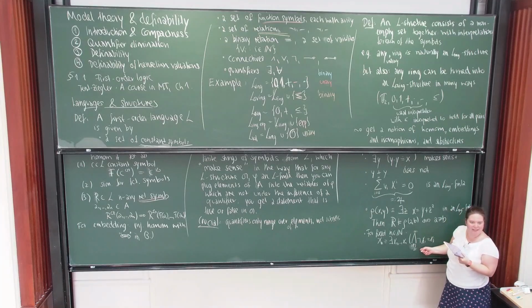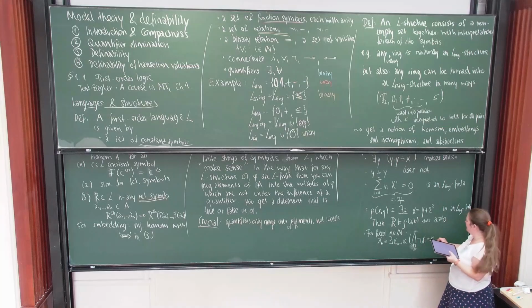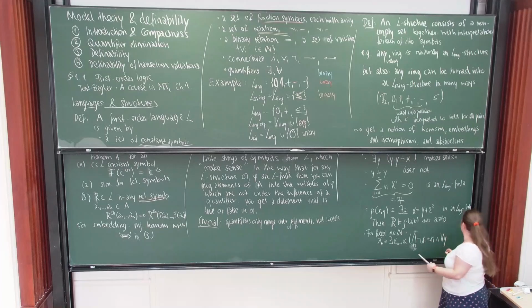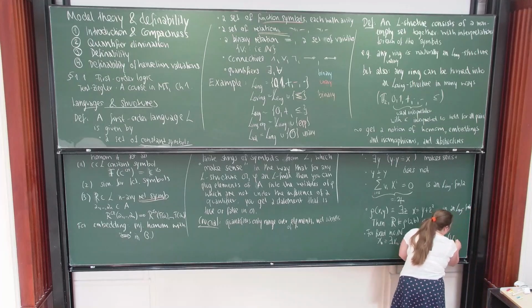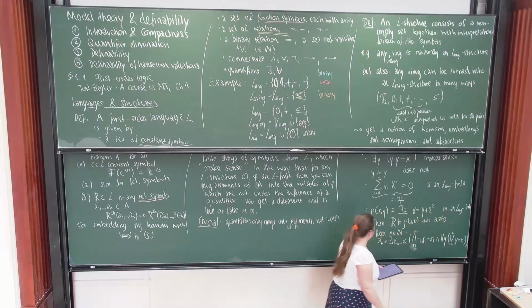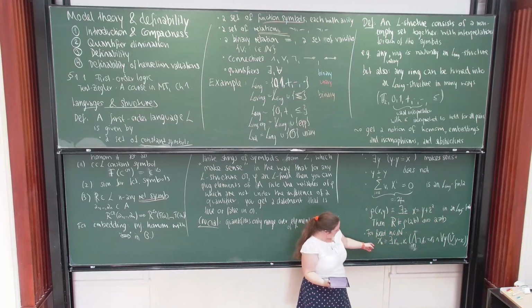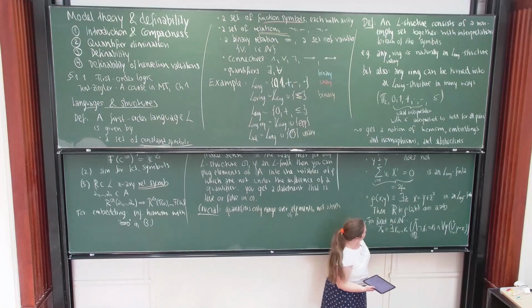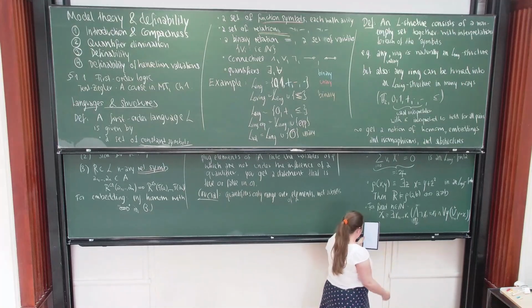This says that there are n many elements which are pairwise different, and now I want to say that everyone else is equal to them, so for all y, y is equal to one of them. So this formula now holds in any structure in any language if and only if that structure has exactly n many elements. Okay, final example.